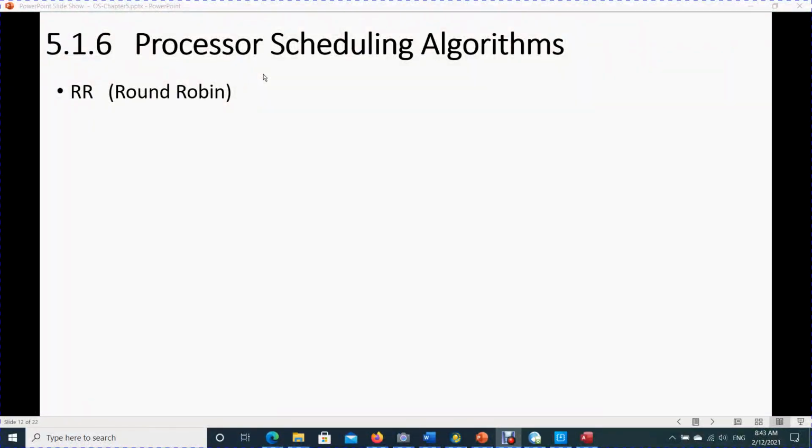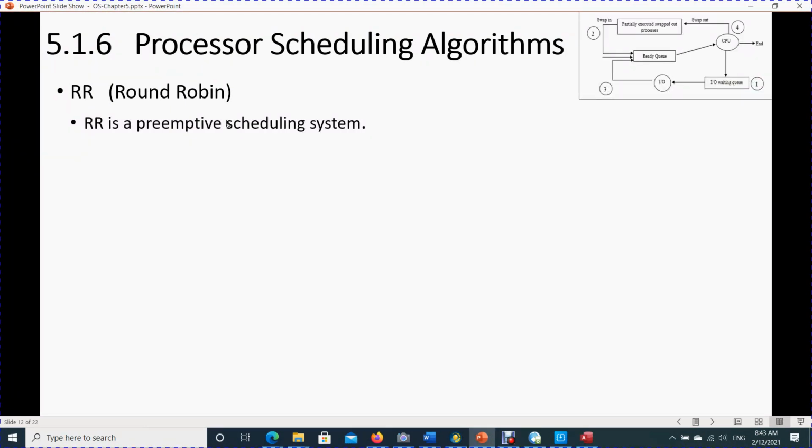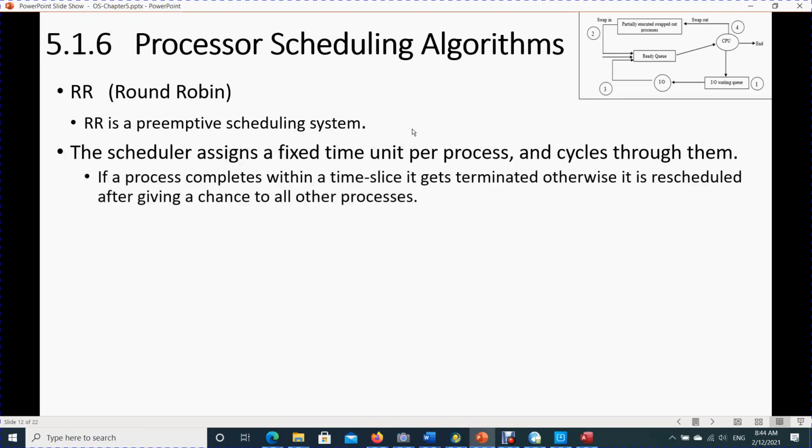Another frequently used, commonly used algorithm is the round-robin algorithm. Round-robin is a preemptive scheduling system. A process is assigned to the processor for a fixed time slice.